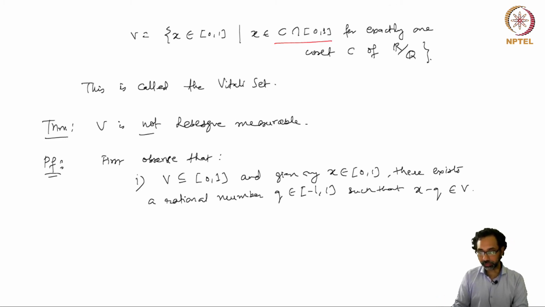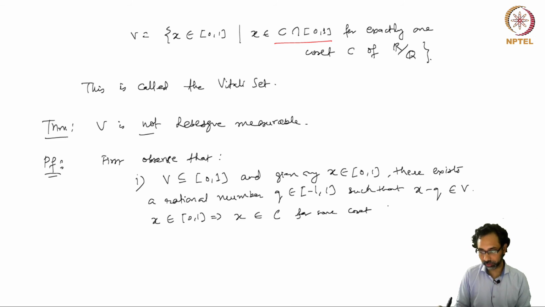So for any given x, there exists a rational number q such that x minus q belongs to V. This is because x belongs to [0, 1] implies that x belongs to C for some coset C, because this is a partitioning of R into cosets. So in particular, for x a real number between 0 and 1, it belongs to some coset.